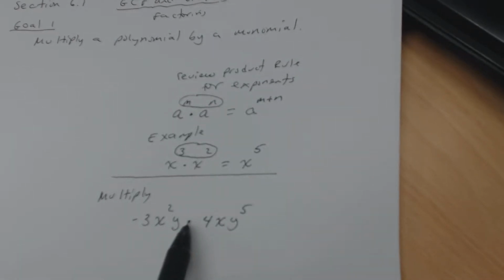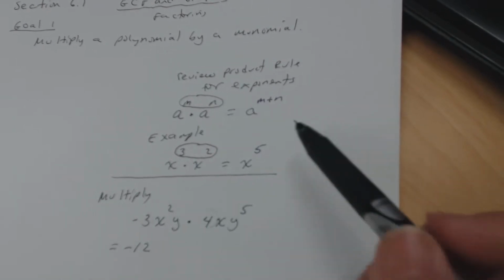You can think of these as two monomials. The coefficient here is negative 3, and the coefficient here is 4. Negative 3 times 4 is negative 12. That's what I get when I multiply the coefficients.